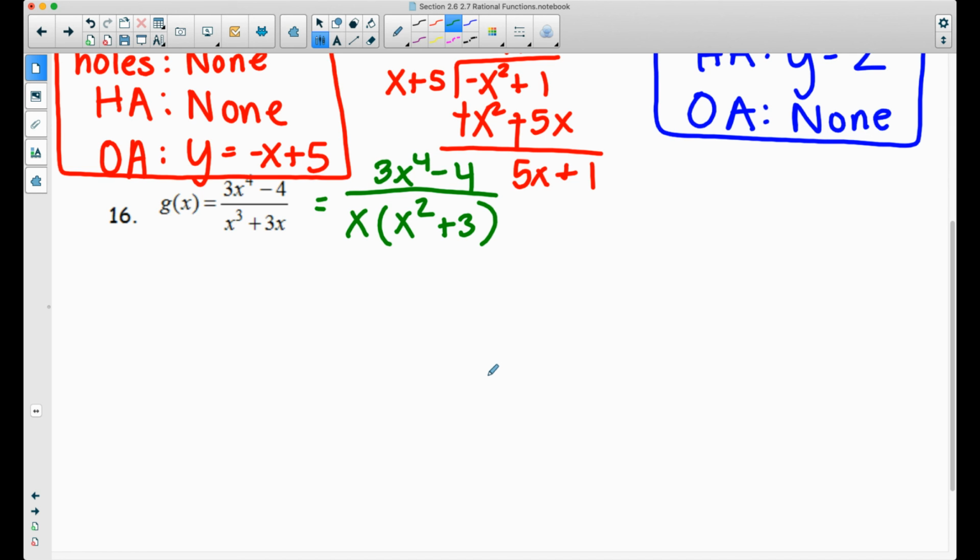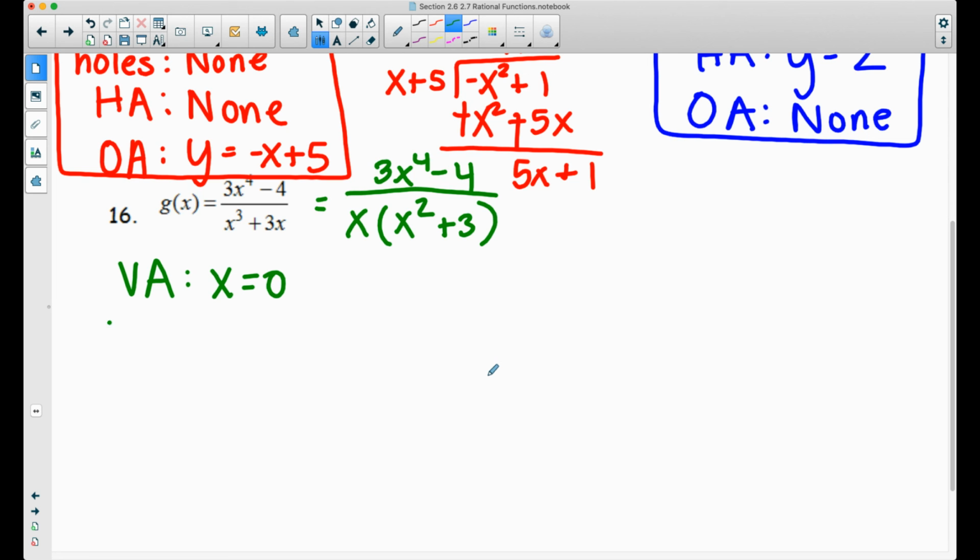So if I set x squared plus 3 equal to 0, what happens? What do we end up with? Square root of a negative number, which is imaginary. Okay. Even though they are imaginary dotted lines that we are drawing, this is not a vertical asymptote. We do have a vertical asymptote with just that x. So x equals 0.